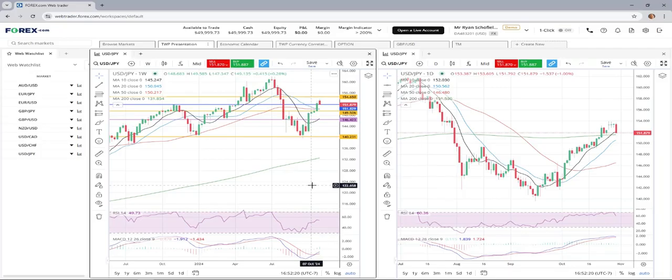We don't want to be trading counter trend, and that's what reversal trades are, counter trend strategies. And they typically don't work well.